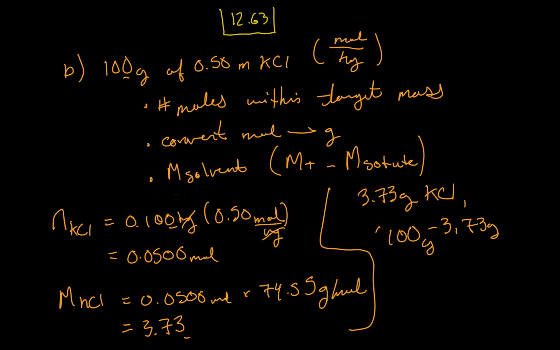That works out to 96.27 grams of H2O, and that will give us 100 grams of 0.5 molal potassium chloride solution.